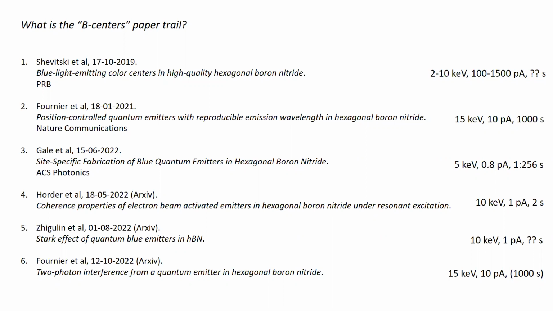What is interesting, I think, is that the method that Fournier and friends use is relatively high energy, with a pretty decent size current as well, and also a very large irradiation time. The ones that Ivan and I used for our papers were relatively short irradiation times, from what I could gather, and Angus's original paper used a range of times, but it seems like this team stuck with this method for this paper.